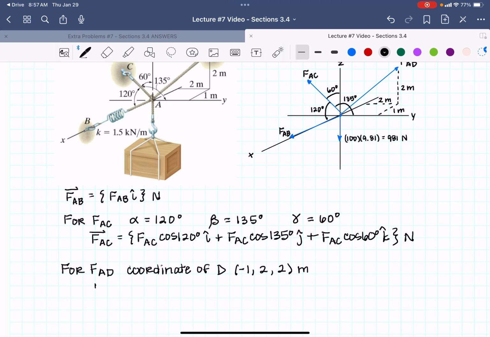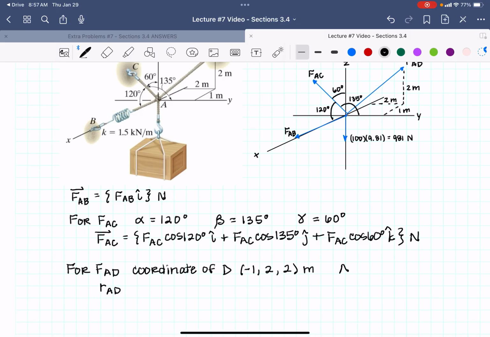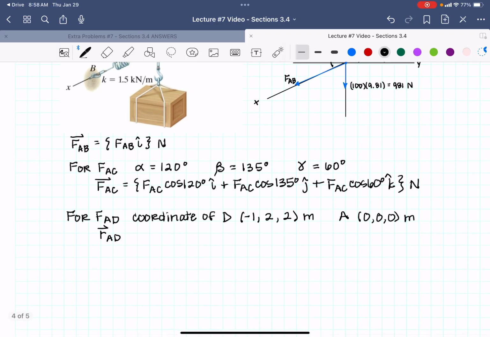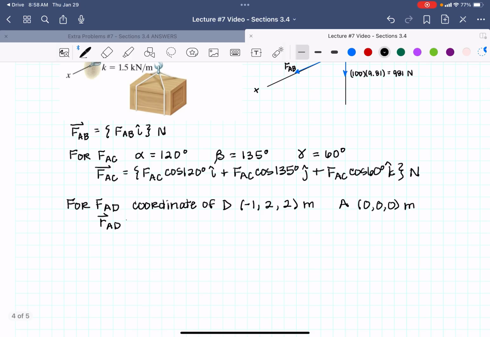So knowing that, I can find the position vector RAD. Remember, our A is 0, 0, 0. So RAD is going to be -1 i hat plus 2 j hat plus 2 k hat.